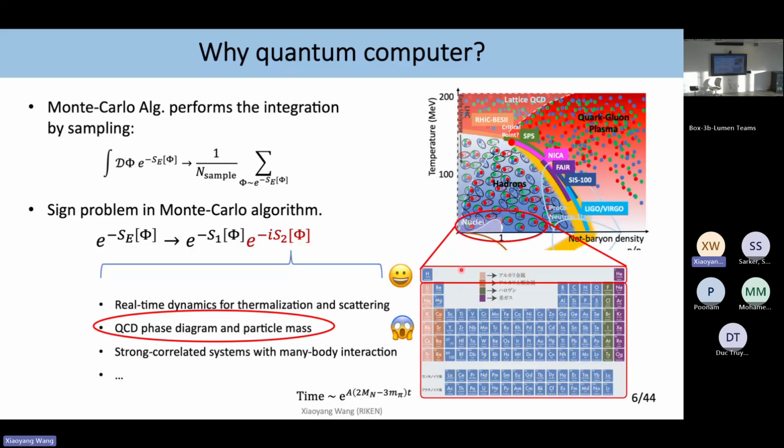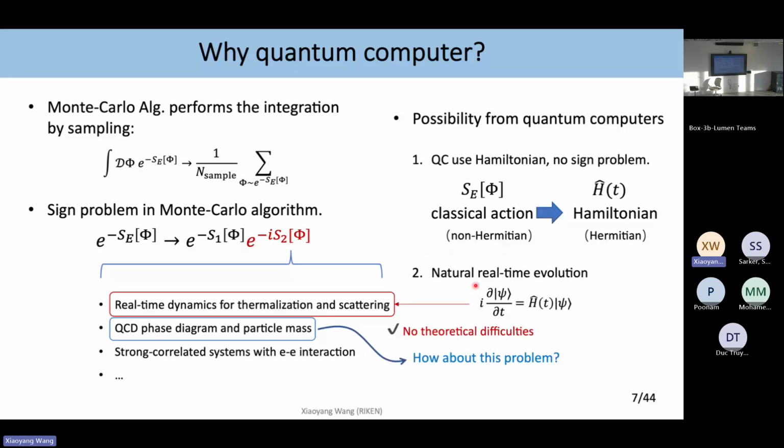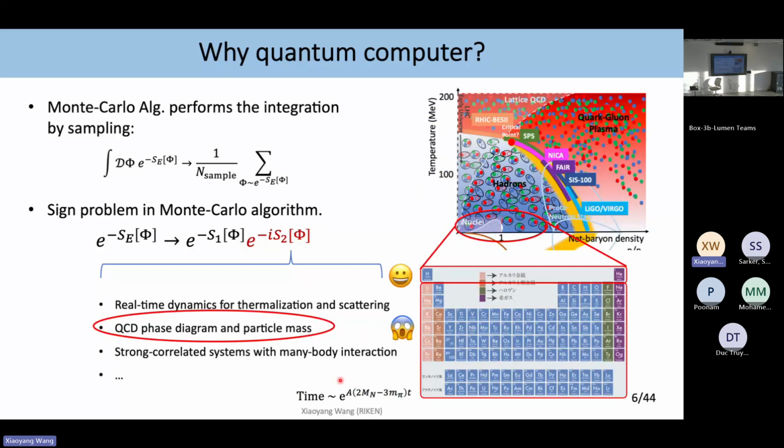we will face this same problem. If we want to calculate the mass of hydrogen or helium, it would be easy. However, if we want to calculate the mass of heavier particles, it will be more and more difficult.